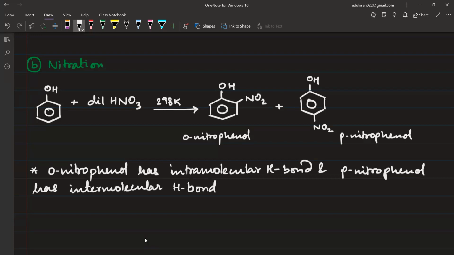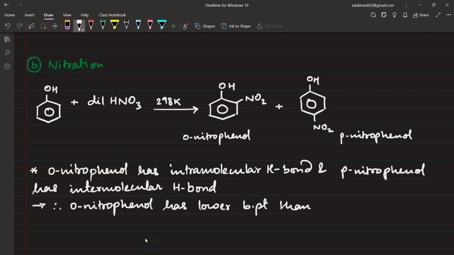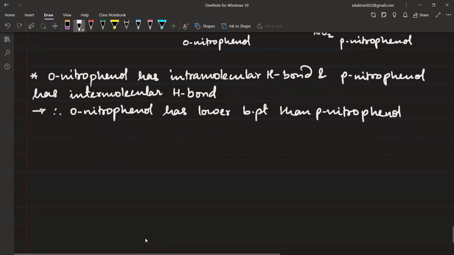And that is why what is going to happen? The O-nitrophenol will have lower boiling point than p-nitrophenol. We'll see why all of these things. Therefore, O-nitrophenol has lower boiling point than p-nitrophenol. Now let us see what is intramolecular and intermolecular.